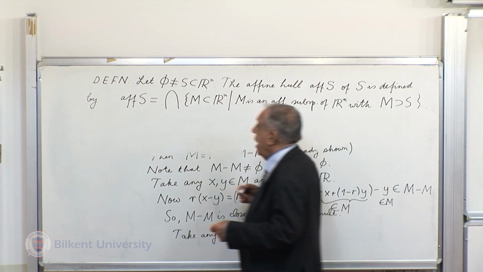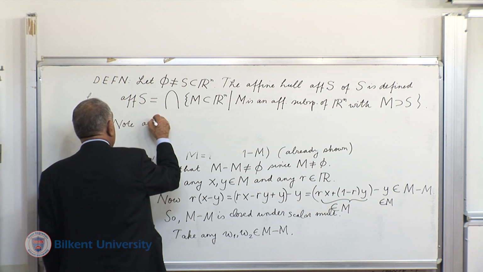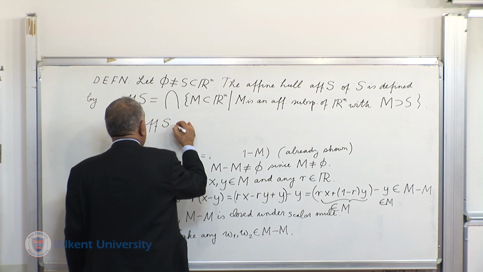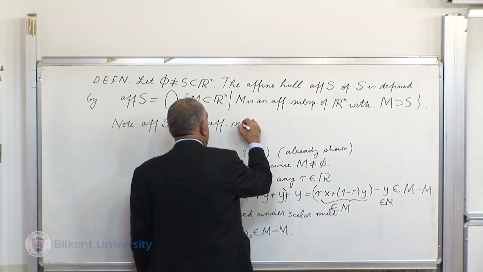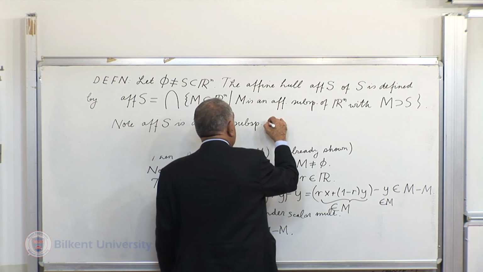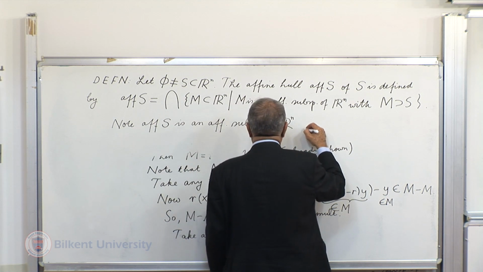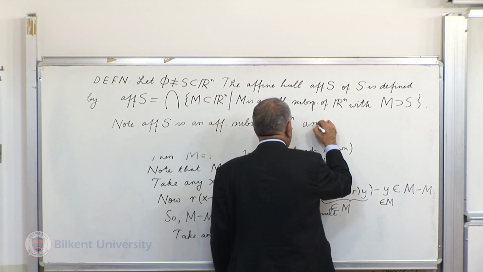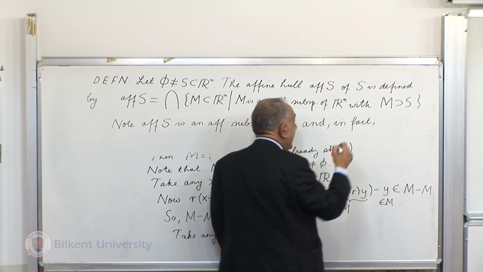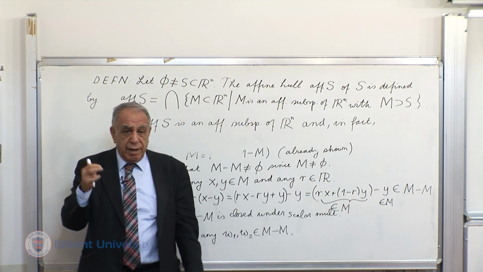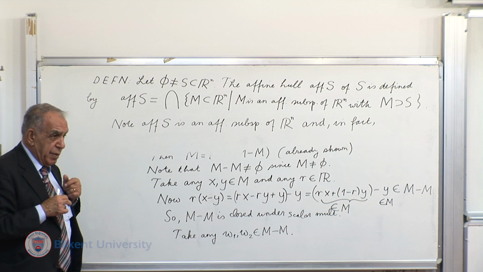So let's note that down. Note that the affine hull of S is an affine subspace of Rn itself, and in fact, it is the smallest affine subspace in Rn which contains S. Why is that?